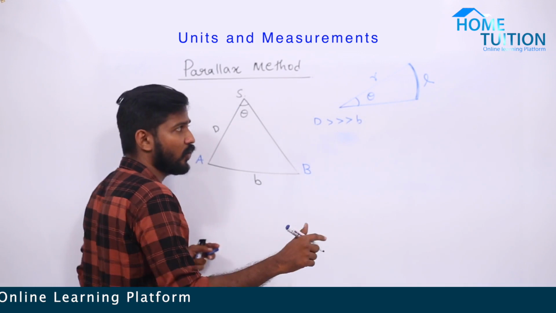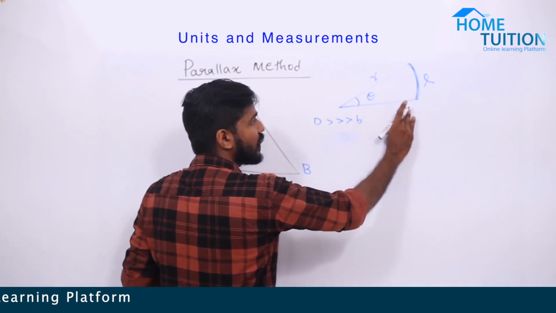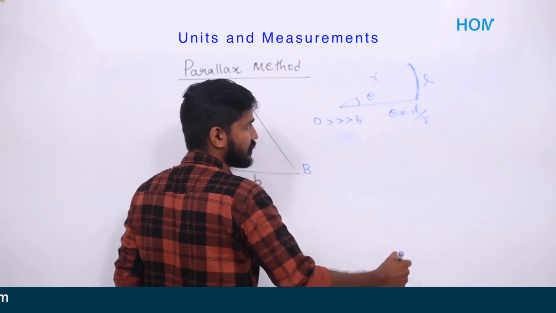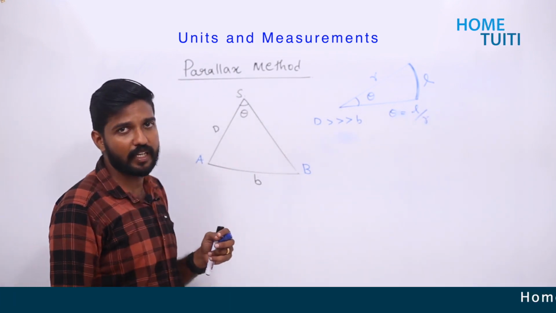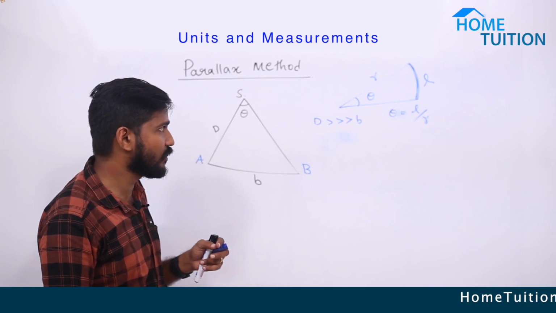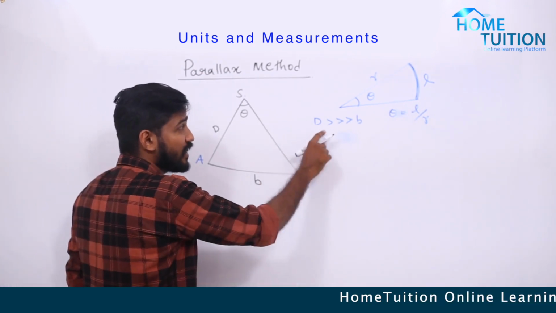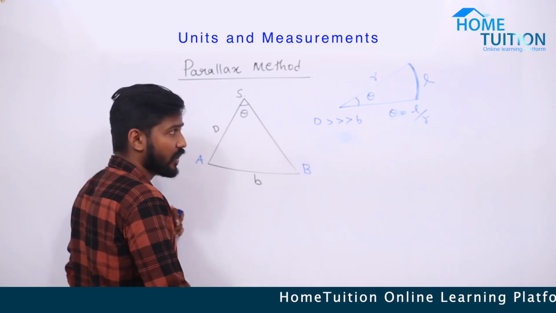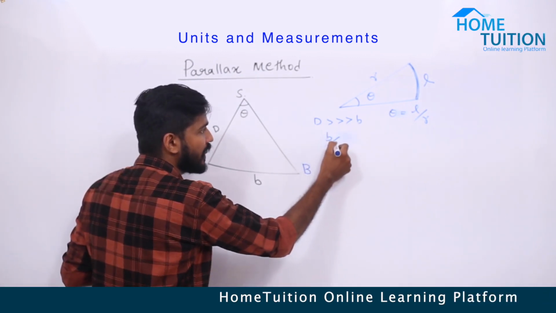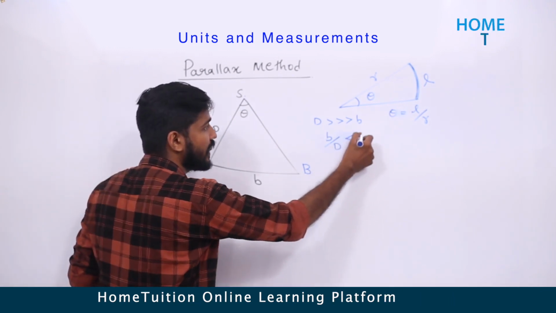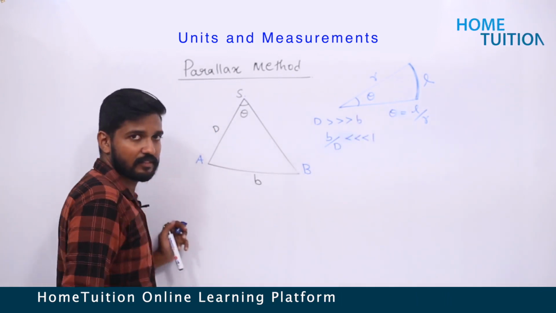All of you know that theta equals L by R. Theta equals L by R, right? Now D is very much greater than b, so what will b by D be? Since D is very much greater than b, it will be very much less than 1.